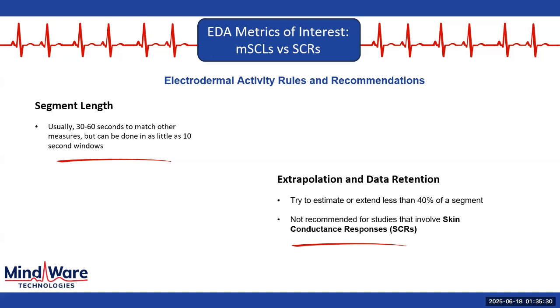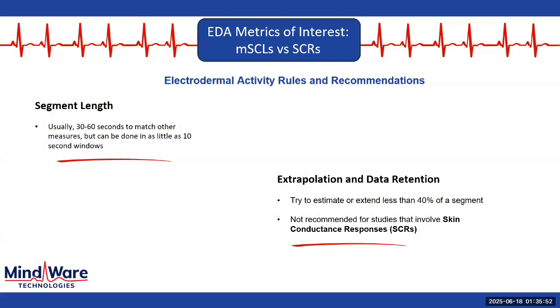Again, there's not a perfect rule in this. As we saw before, looking at a skin conductance response, the latency is about 1 to 3 seconds after an event could occur. Then we also have our half recovery point, which varies a little bit, to encapsulate that entire SCR.